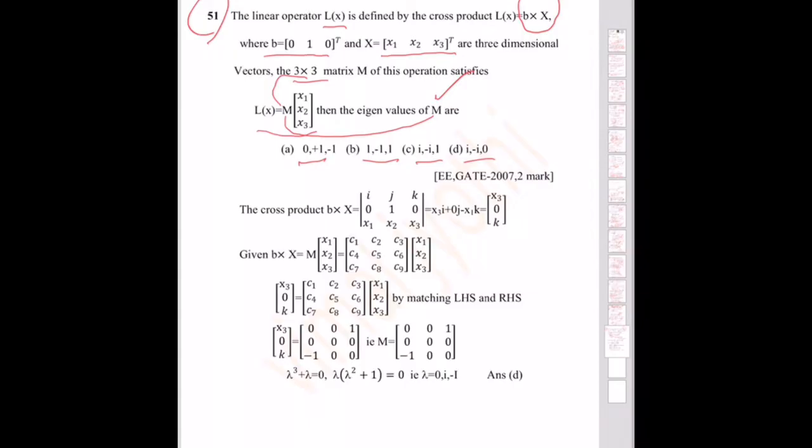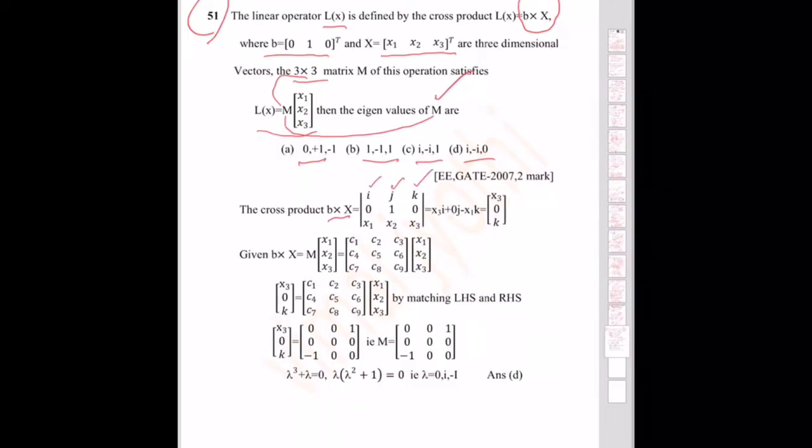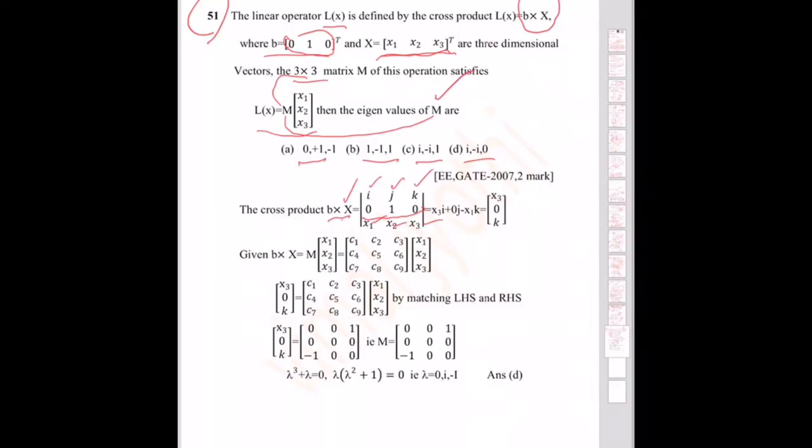Lx is equal to the cross product of B and X. The cross product is equal to the determinant of i, j, k with the coordinates of B, that is 0, 1, 0, and the coordinates of X, x1, x2, x3. That is, the cross product B cross X equals the determinant of i, j, k, 0, 1, 0, x1, x2, x3.